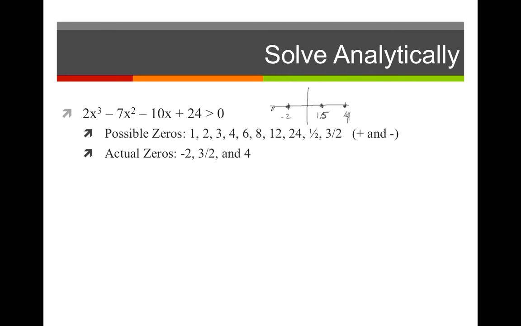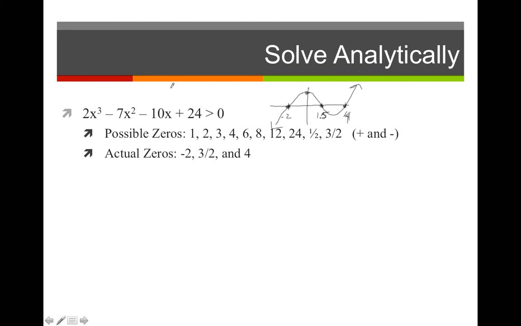Knowing those are my zeros, I can now graph this function. We also know that the y-intercept is 24, so that helps us solve that a cubic function is going to look like that S-turn, and it's a positive cubic, so it's going to be down here, it's going to go down, and it's going to come back up. And this is just a rough sketch, but the rough sketch is all we need in order to answer this question.